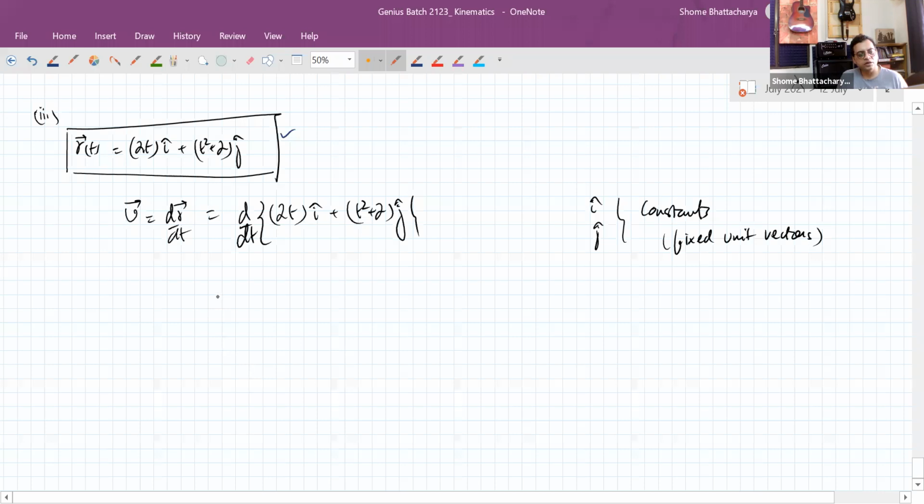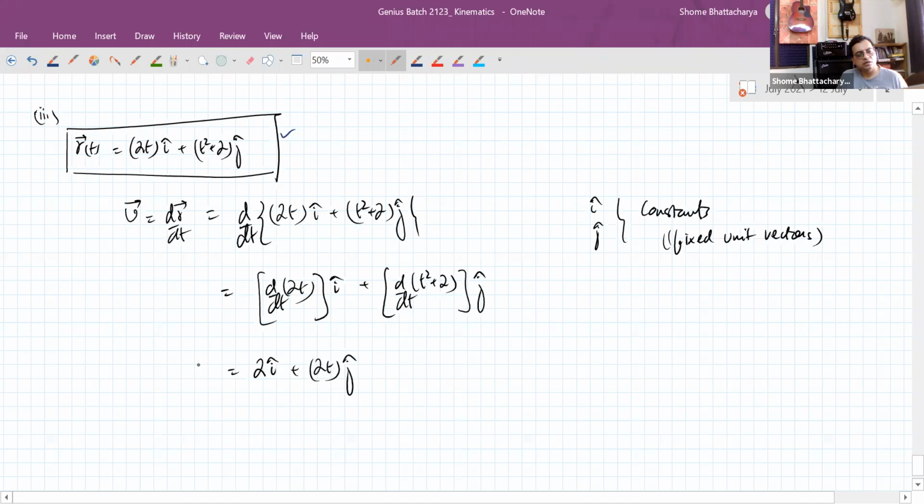So when we apply the differentiation, it becomes differentiation of 2t multiplied by the constant i cap, plus differentiation of t square plus 2 multiplied by the constant j cap. So that becomes 2 i cap plus 2t j cap.